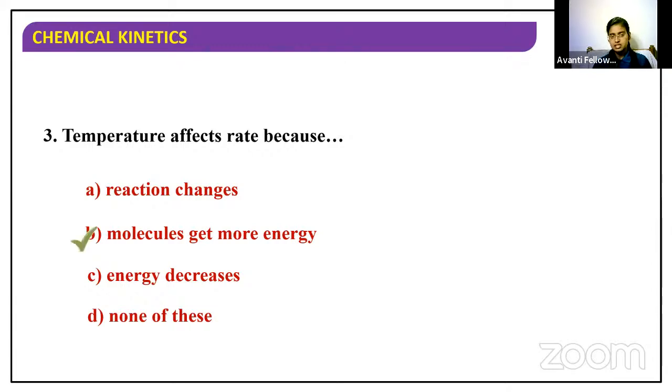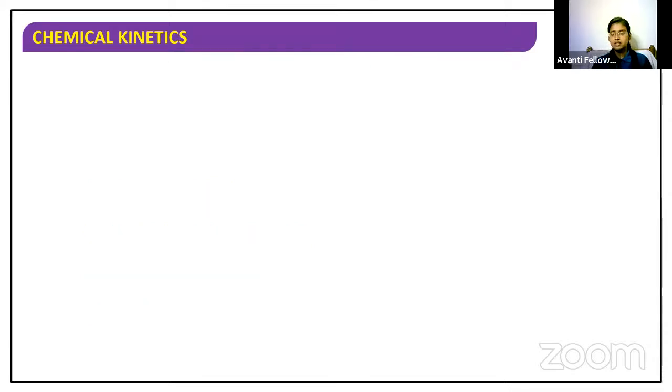Option B is the correct answer. Molecules get more energy because the kinetic energy increases. Temperature affects the rate by this factor. Fine, we'll move on to one more question.